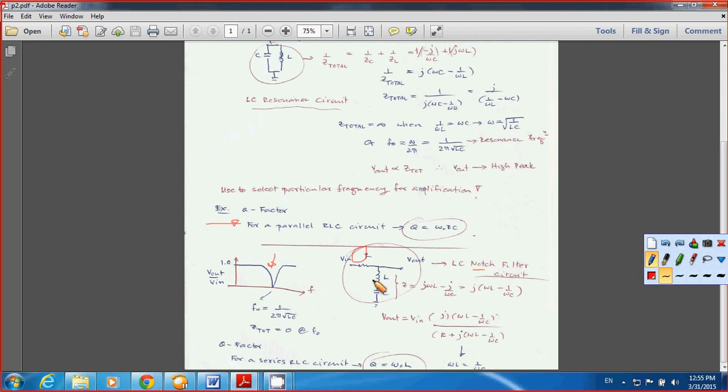And you do the same thing: your V out simply becomes directly proportional to Z total. This means ZL plus ZC. And when you use the voltage divider, V out equals V in multiplied by Z total divided by R in series with Z total, which becomes R plus j multiplied by (omega L minus 1 over omega C).